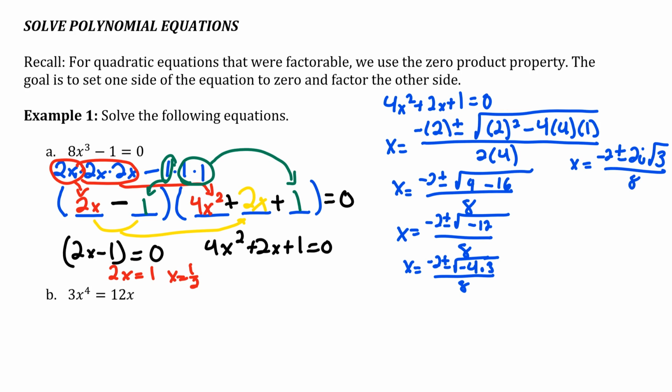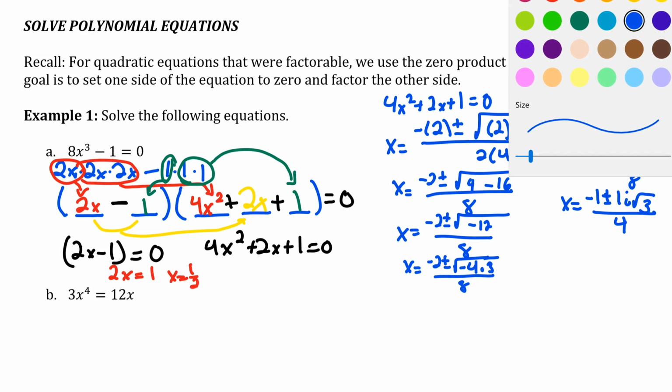Square root of 3 over 8. Now these numbers outside the radical, I can simplify all of those by dividing each one of them by 2. So I get that x is equal to negative 1 plus or minus 1i square root of 3. If you want to just put the i there, that's fine. I divided both of these by 2, so I'm going to divide my denominator by 2, and I get a 4.